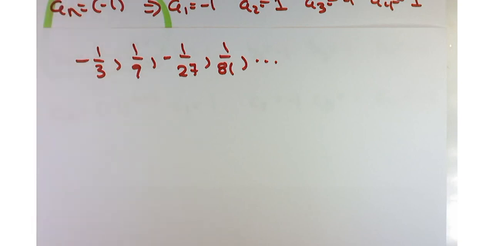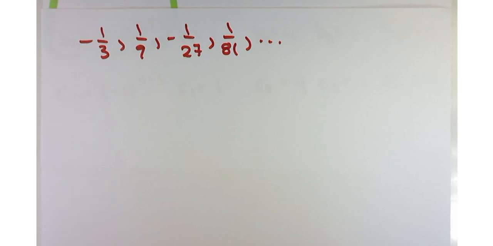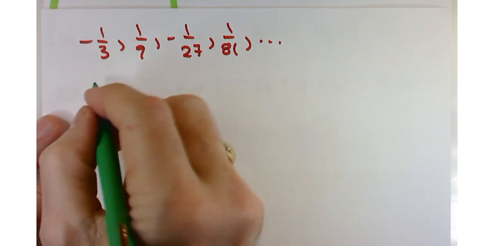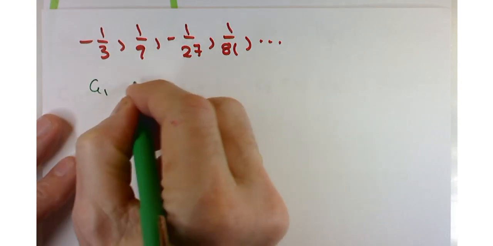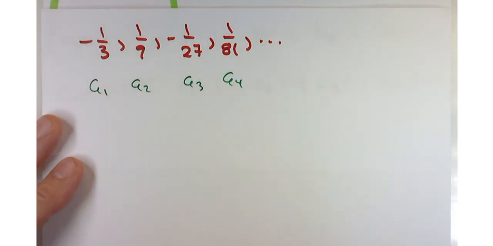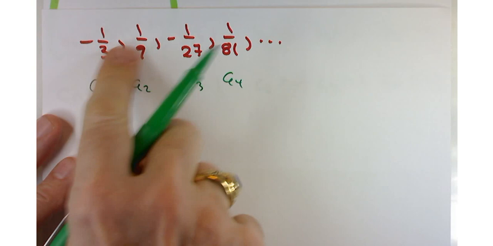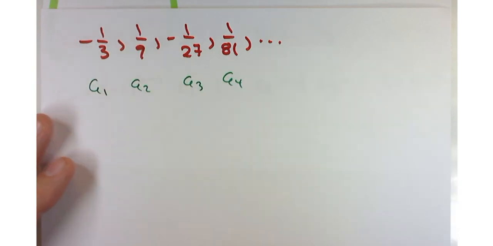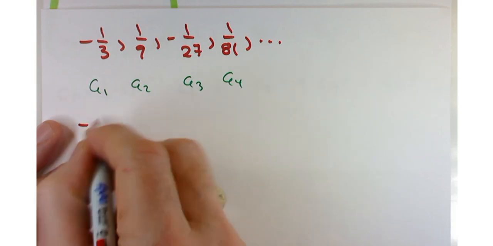Now, when you're facing something like this, don't try and do it all at once. Break it up into little parts. For instance, let's write a sub 1, a sub 2, a sub 3, a sub 4. I could rewrite these terms because there's an interesting pattern in the denominator.